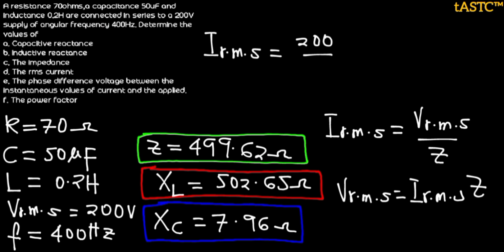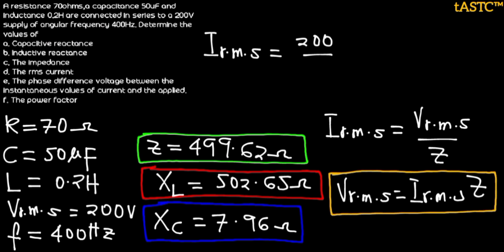This is for a total series circuit which has the resistor, the capacitor, as well as the inductor connected within it. So that is an RLC series AC circuit. So just hold these at the back of your mind. So this must be divided by Z, not R. So that is 499.62.